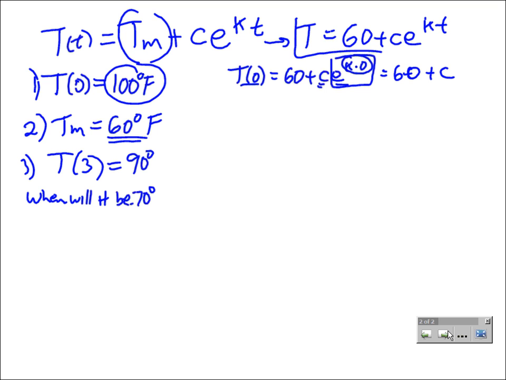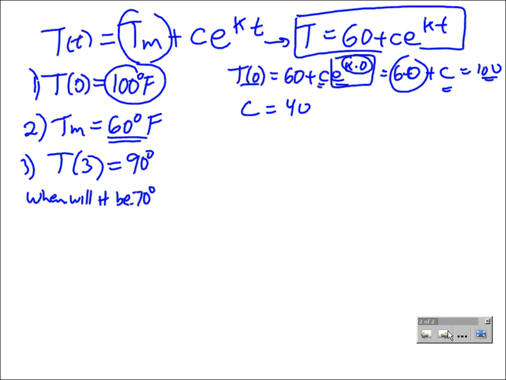But they also told us it's 100. 60 plus what is 100? 40. So C is 40. So update this formula: T is 60 plus 40 e to the kt.